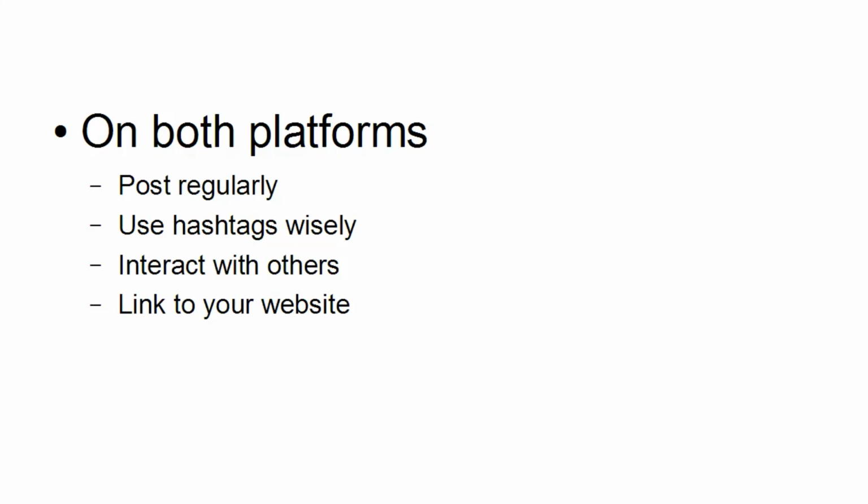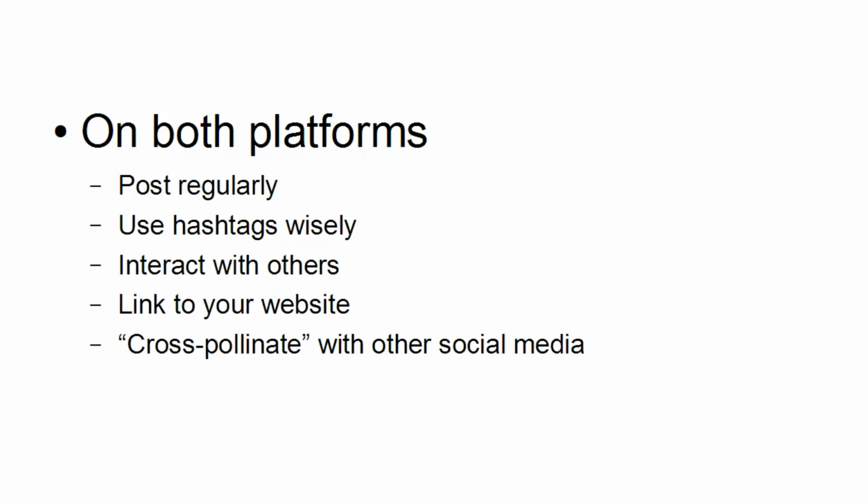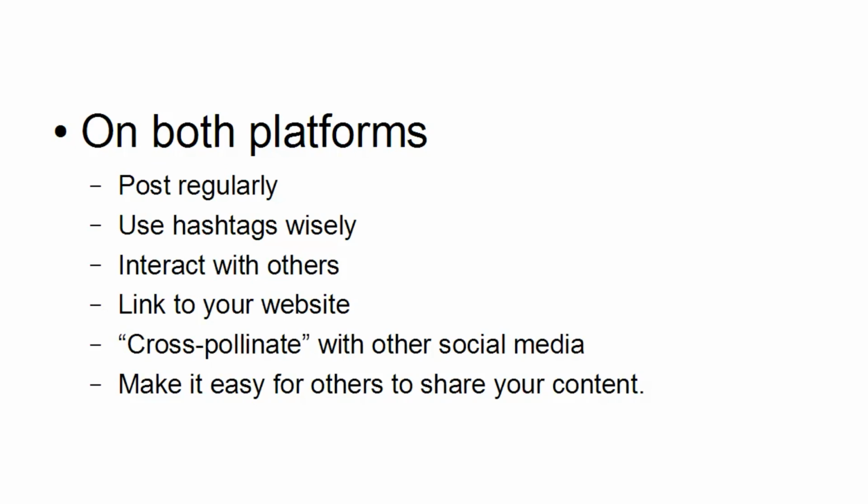You want a link to your website from both Pinterest and Instagram. And you also want to cross-pollinate with other social media. So, for example, especially with Instagram, seeing as they use the same type of hashtags as Twitter, you could tweet a picture that you've just posted on Instagram, that sort of thing. And you also want to make it easy for other people to share your content.